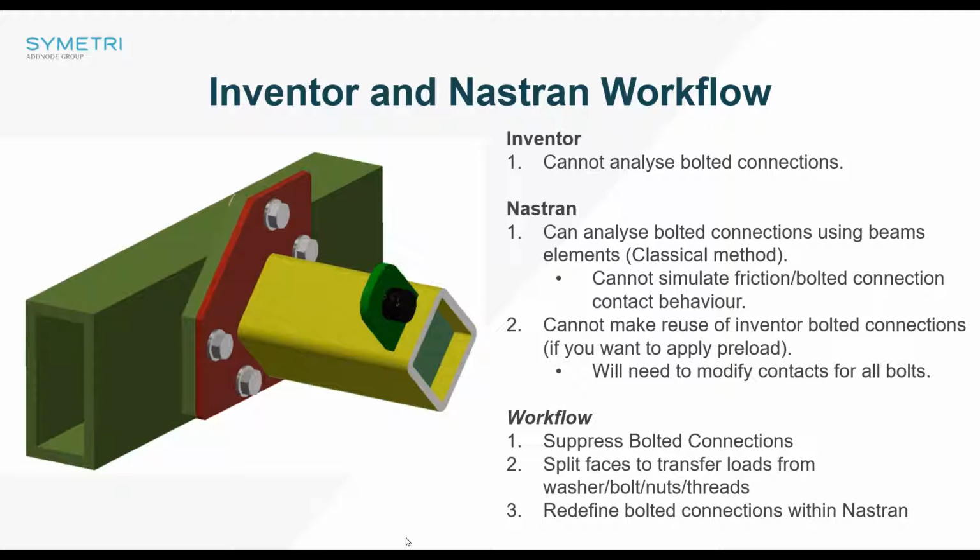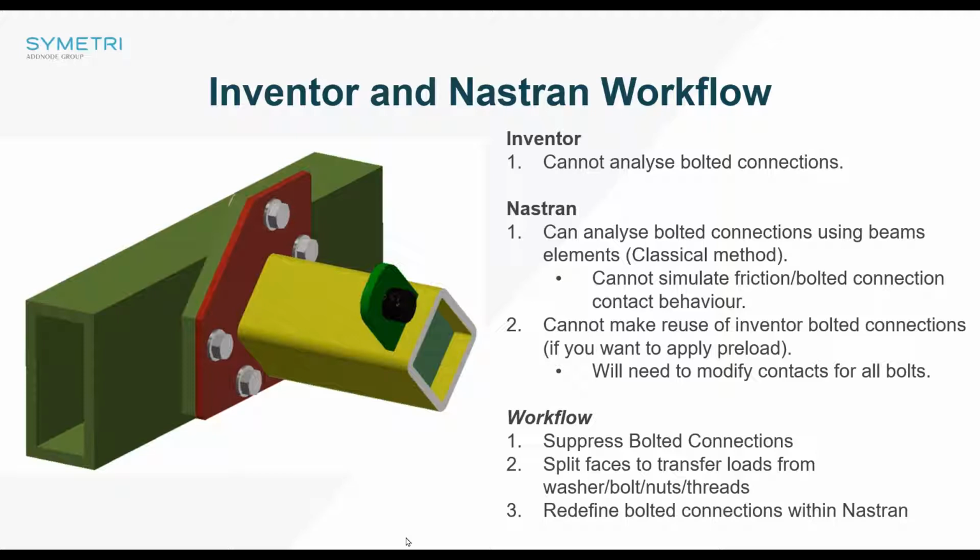The only difference is that when people want to analyze bolted connections, they want the ability to actually apply preloads. So you can model it in Inventor in brief, but obviously you can't apply preloads on the actual bolts itself. And that is similar to Nastran, if you want to use the bolted connections.